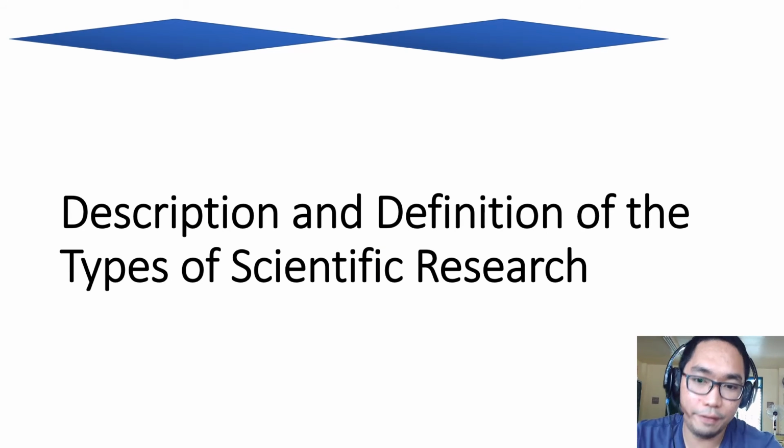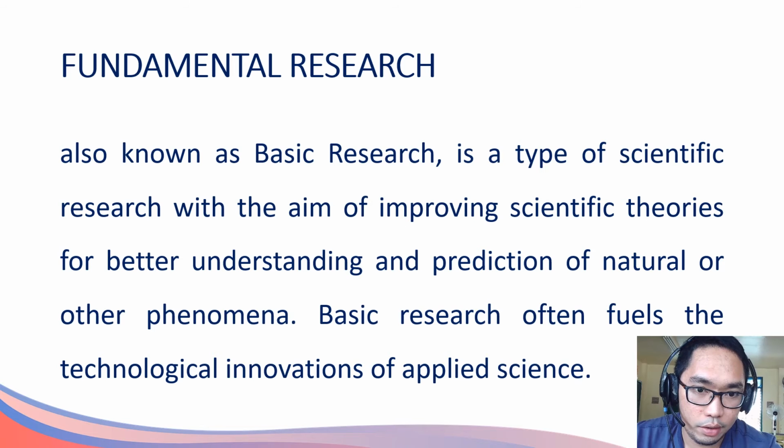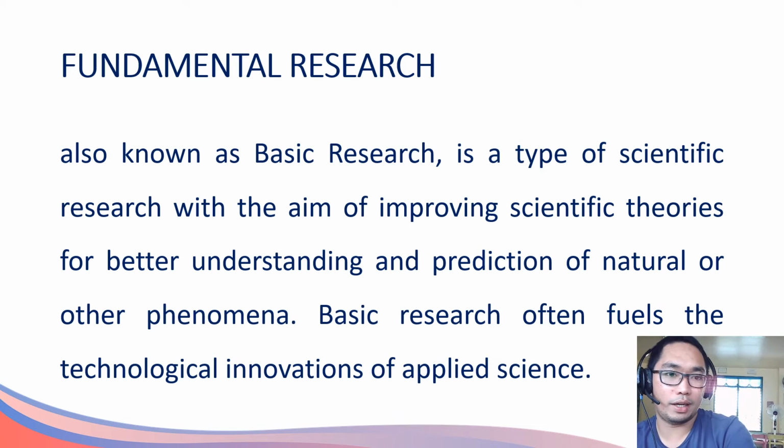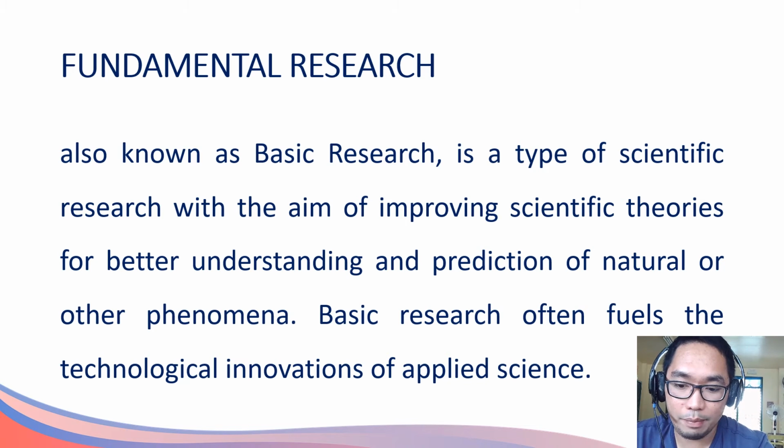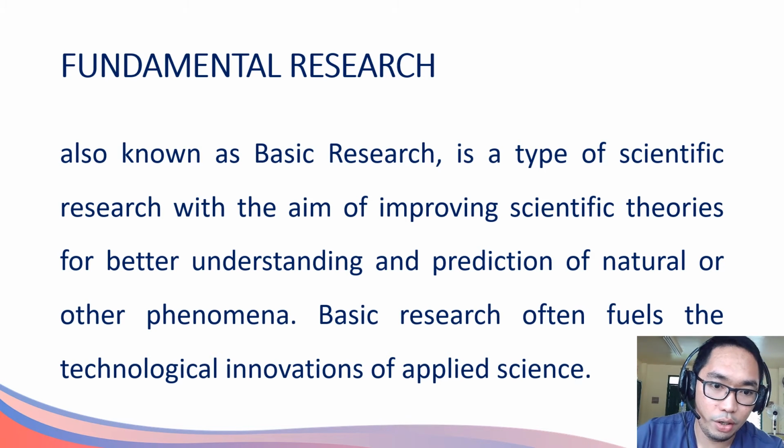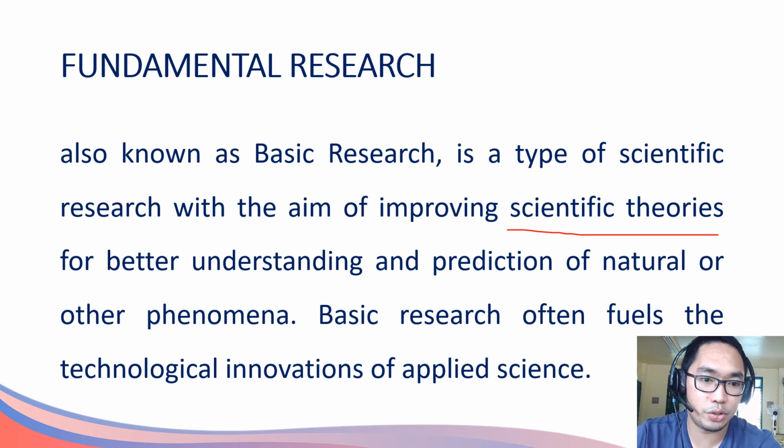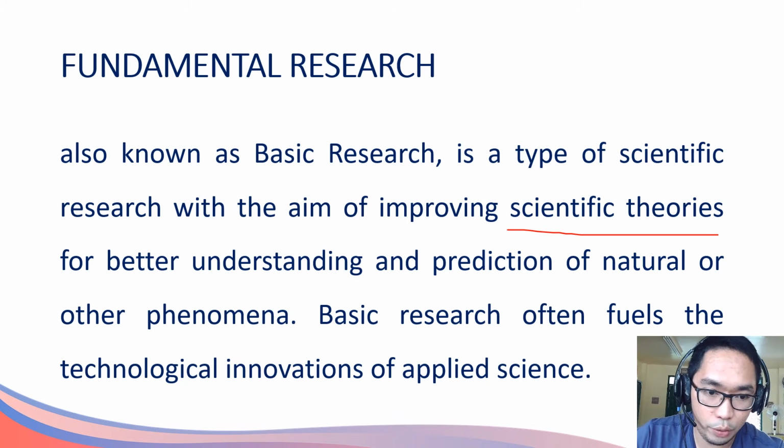Description and definition of the types of scientific research. Now, first we have the fundamental research. It is also known as the basic research. It is a type of scientific research with the aim of improving scientific theories for better understanding and prediction of natural or other phenomena. Basic research often fuels the technological innovations of applied science.